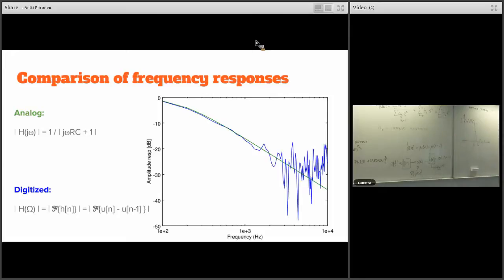I have a comparison of the green one, which is the theoretical amplitude response from analog electronics, and the blue one is the digitized signal and what I get as an impulse response. Pretty noisy, but otherwise you can do it also that way.